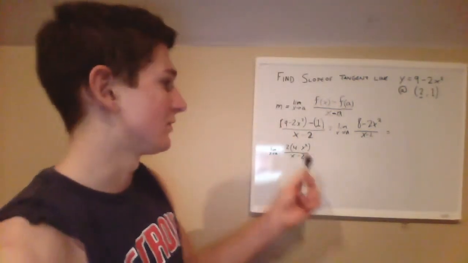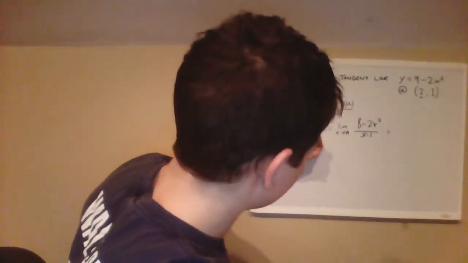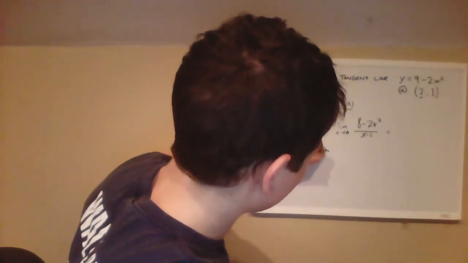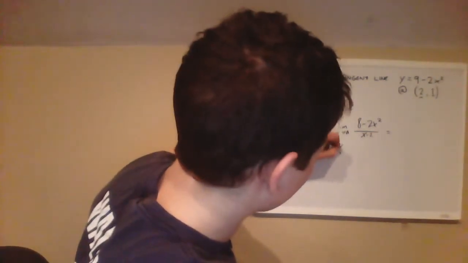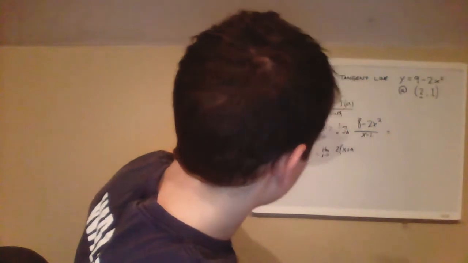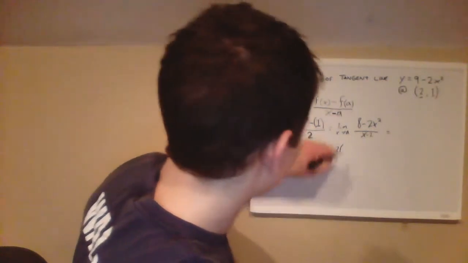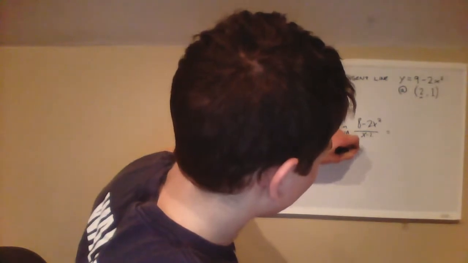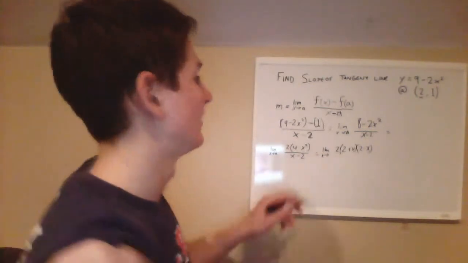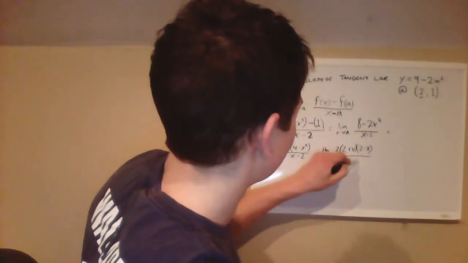And so we have a difference of 2 squares right here, 4 minus x squared. So we can change this into the limit as x approaches a of 2 times 2 plus x times 2 minus x, according to the difference of 2 squares law, and all over x minus 2.